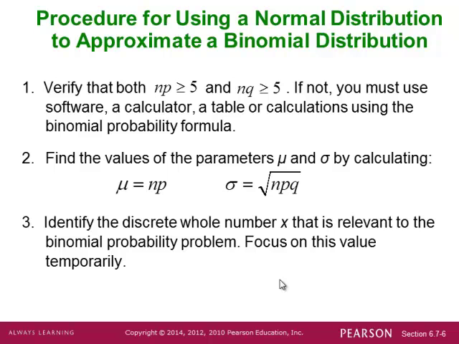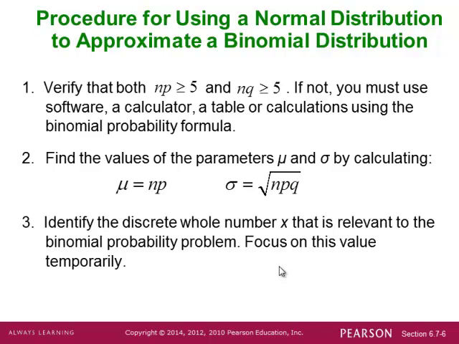Okay, here's the procedure for using the normal distribution to approximate a binomial. Verify that np and nq are at least 5. Calculate mu and sigma as we indicated. Identify the discrete whole number x that is relevant to the binomial probability problem. Focus on this value temporarily.